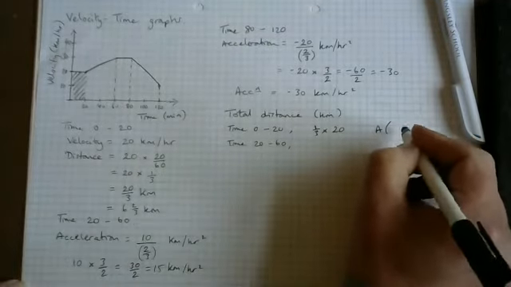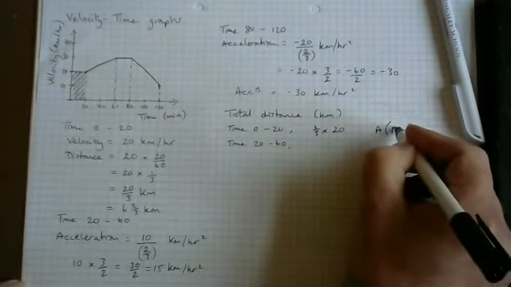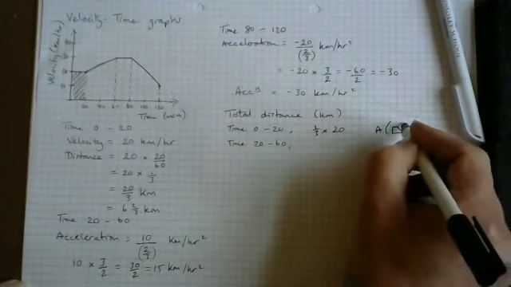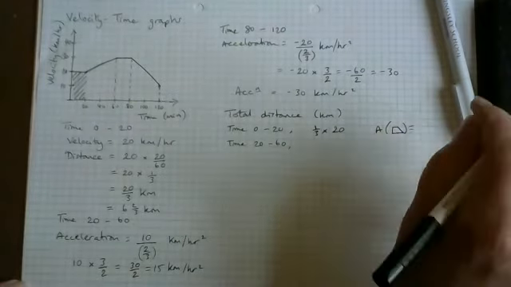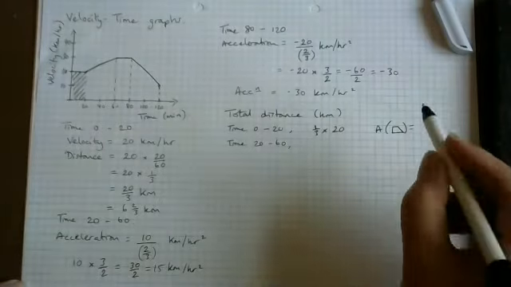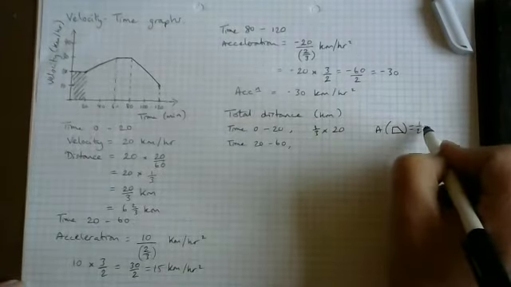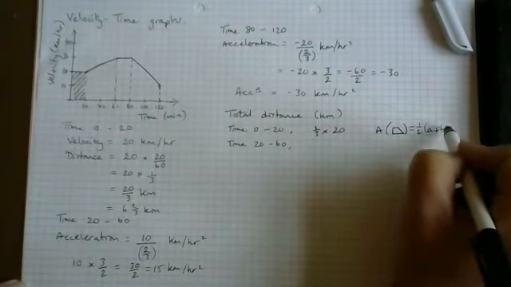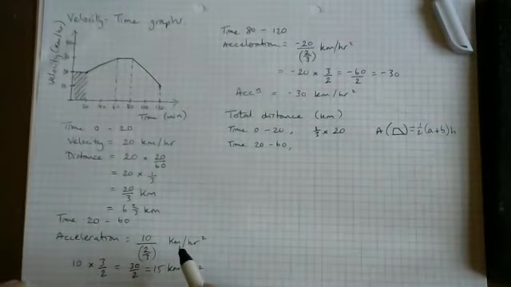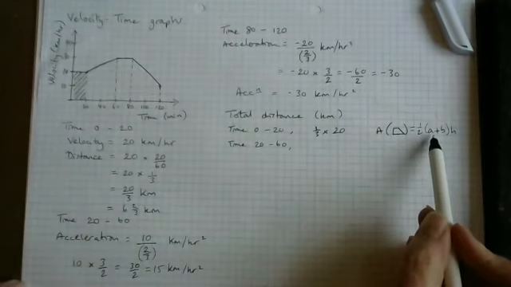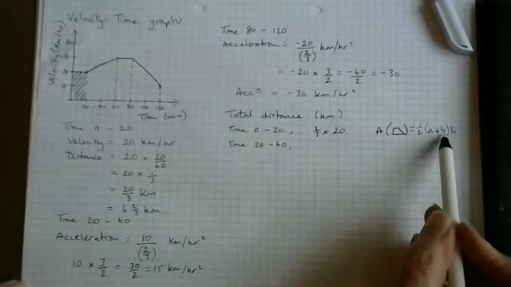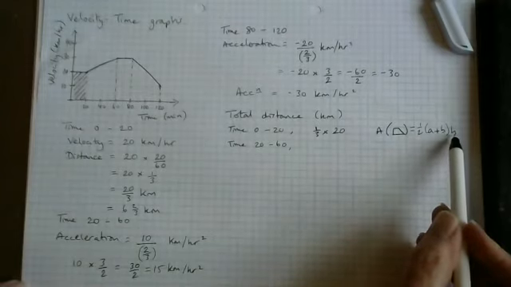Area of a trapezium equals a half A plus B times H, where A is the base, B is the top, H is the height.